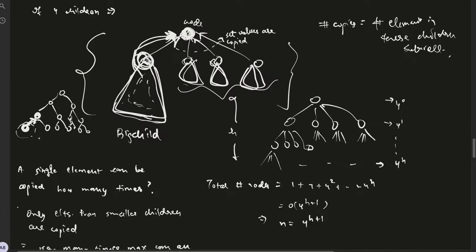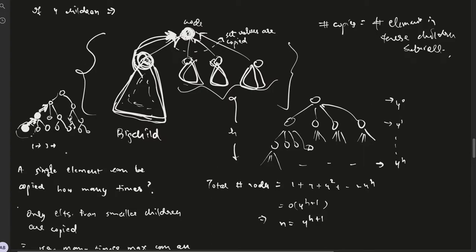So let's say this had three children nodes. From a set of size 1, this element would have gone to a set of size 3. Now if this has to be copied, then at least one other child must be of size greater than 3.